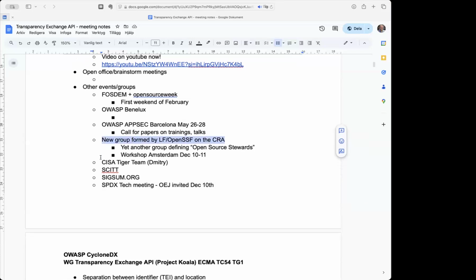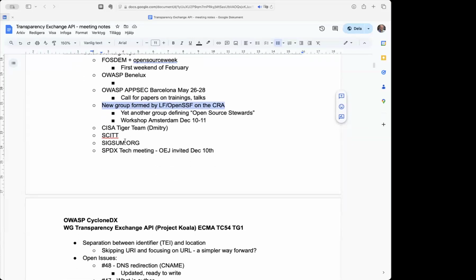I can confirm that the Dependency-Track community meeting will be at 6 o'clock European. It's likely to be a shorter meeting because there's not so much to cover. It's basically talking about the latest patch release, which came out a few hours ago.